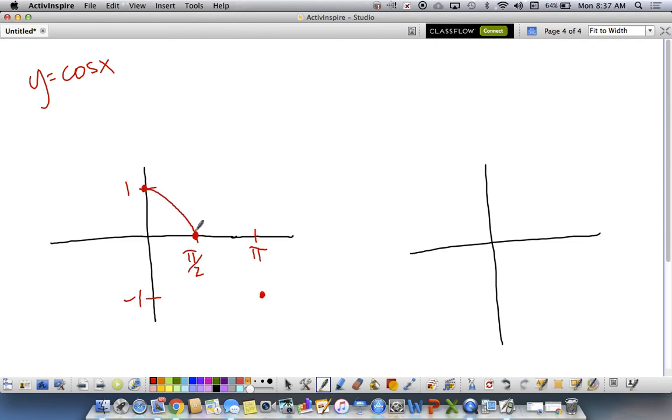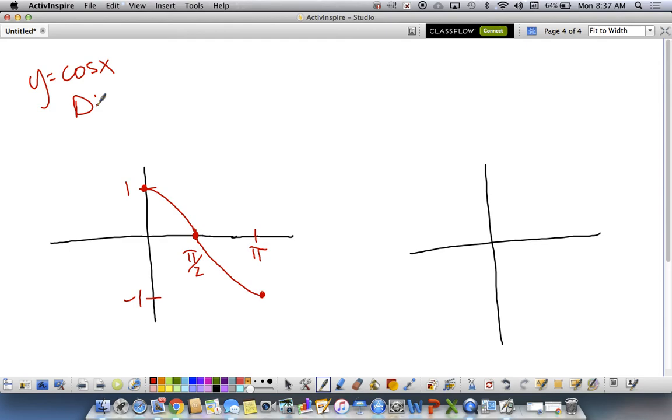So what's our domain of cosine? Do we write this one in interval notation? Yes, interval notation. Is it a bracket?